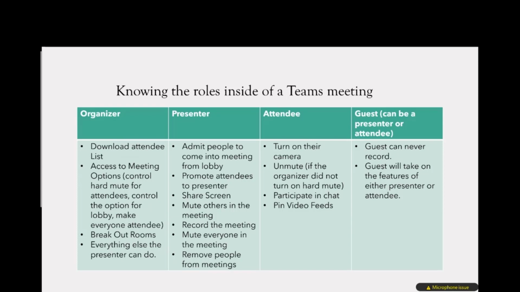They do get sent to the lobby and you have to allow them in, but that's a rare occurrence. Actually, now in GCC, we do have in meeting options the option to allow dial-in users to bypass the lobby. It's a little switch you can turn on. So if the dial-in callers are the ones being placed in the lobby, you can manage that in meeting options.